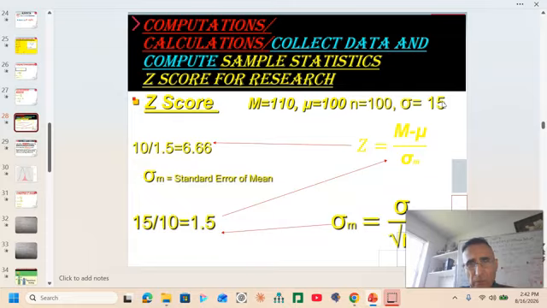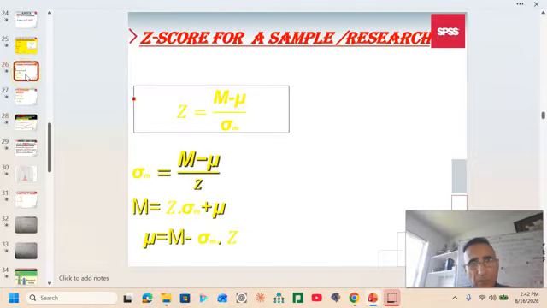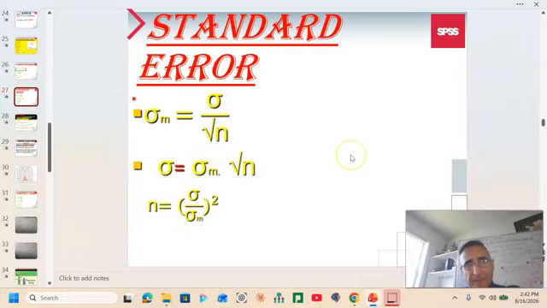First thing you do, you need to calculate the standard error of the mean, the one we talked about. So how do we calculate that? The standard error is the standard deviation divided by the square root of the sample size.